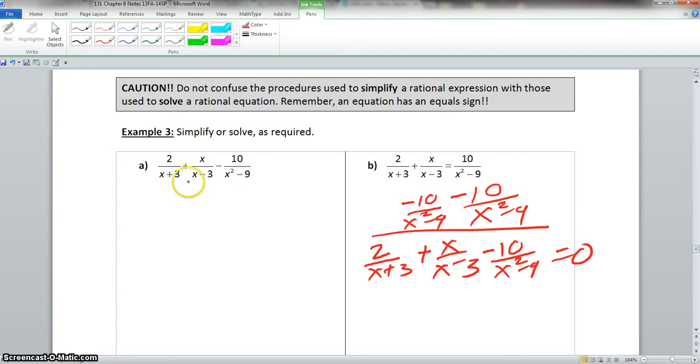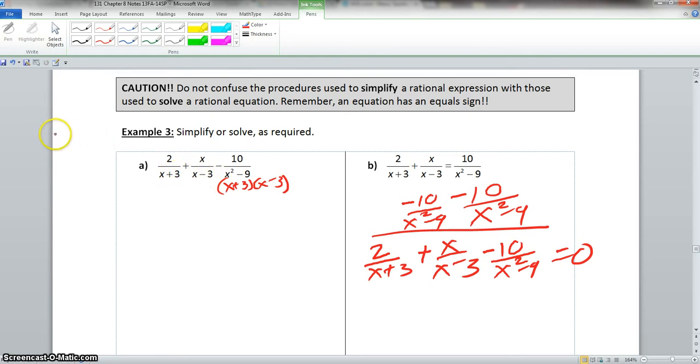Now with this side here, when we go here to A, we must find a common denominator. If we look here, we know x squared minus 9 is x plus 3 and x minus 3. What we need to do is not get rid of these denominators, we need to find a common denominator.